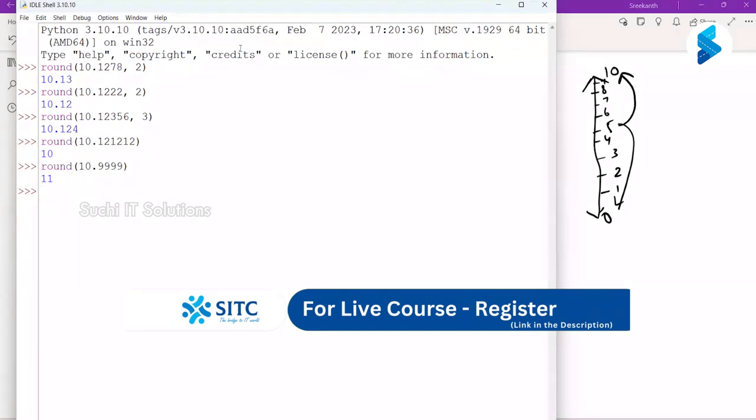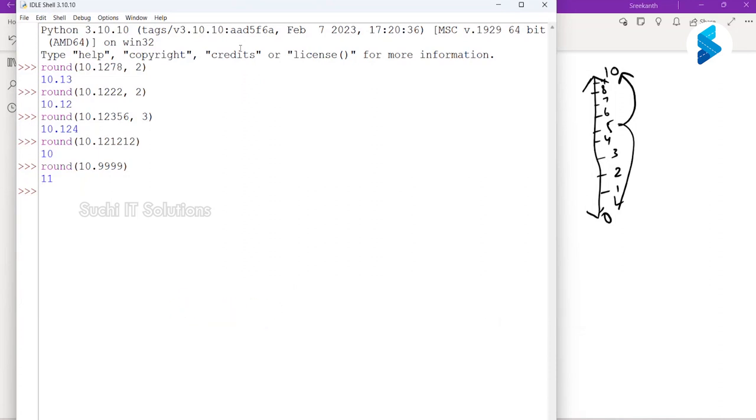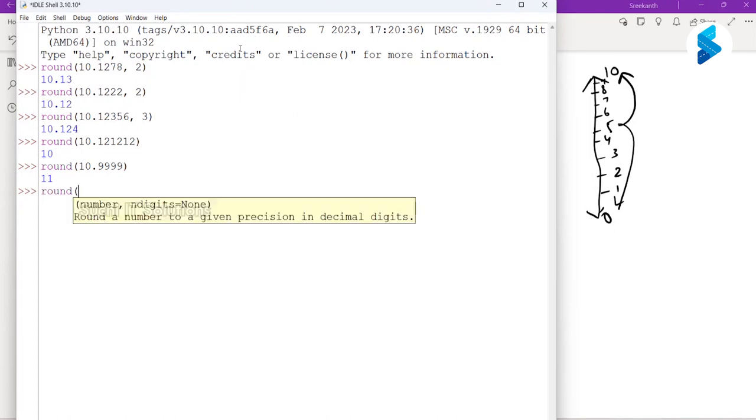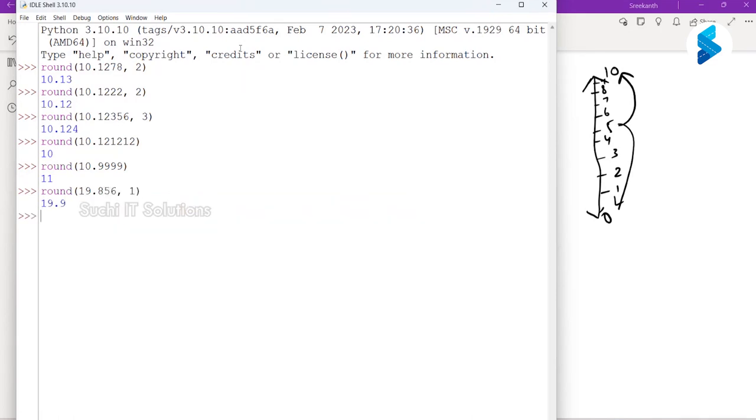I can specify as many decimals as I want to. If I don't specify any decimals, it will not consider decimals and will always return an integer. I can specify 1 to any number of decimals.